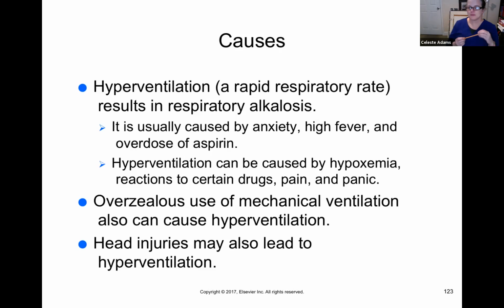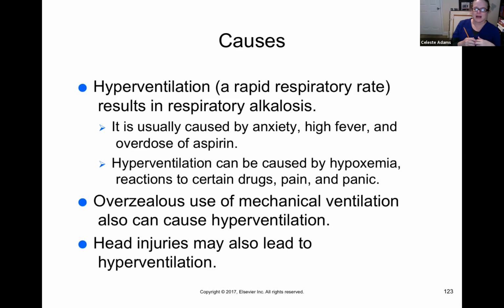Before, we said we wanted to put people on a ventilator in respiratory acidosis. Backtracking, in respiratory acidosis we wanted them to breathe off the CO2, get rid of the CO2, so we put them on a ventilator.